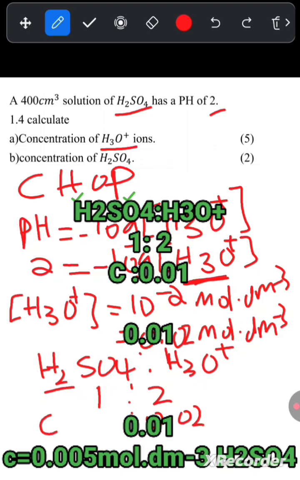Now, what is the concentration of sulfuric acid? We just simply cross multiply here. If you cross multiply, then you will end up dividing by 2.